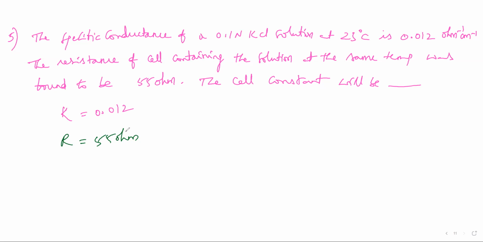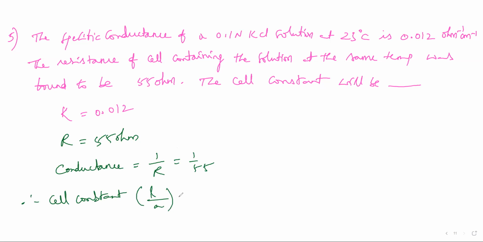Then conductance is equal to 1 by R, that is 1 by 55. Therefore, what we need is cell constant. What is the formula? L by A.